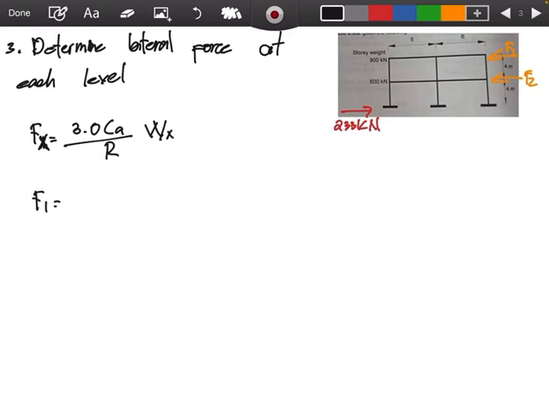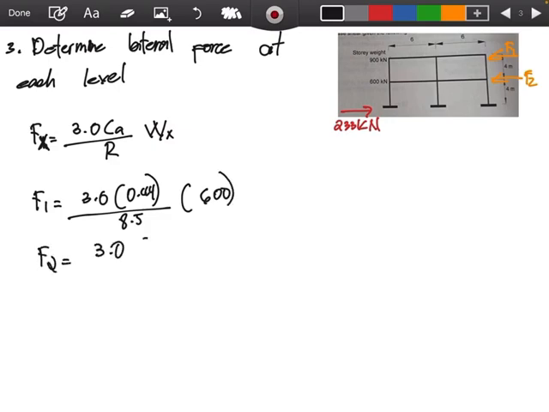So F1 would be 3.0 times 0.44 over 8.5 times the weight of F1, which is 600, and the weight of F2 is 900.